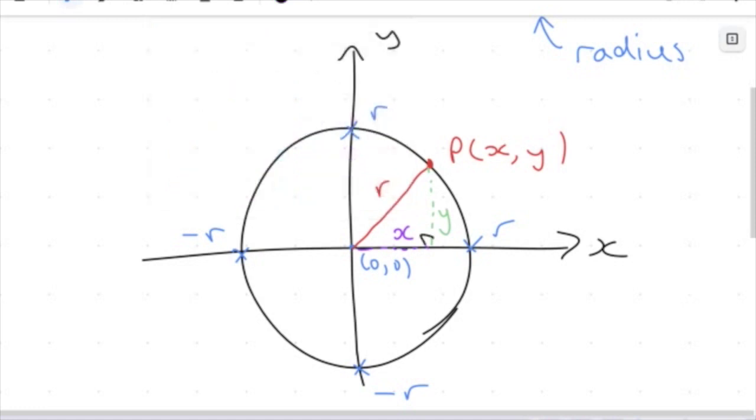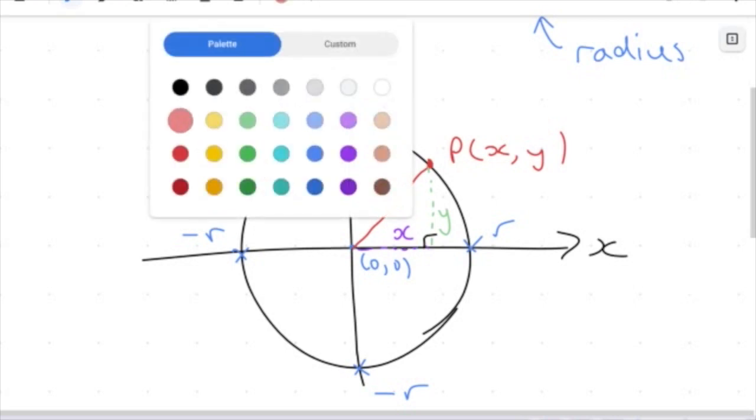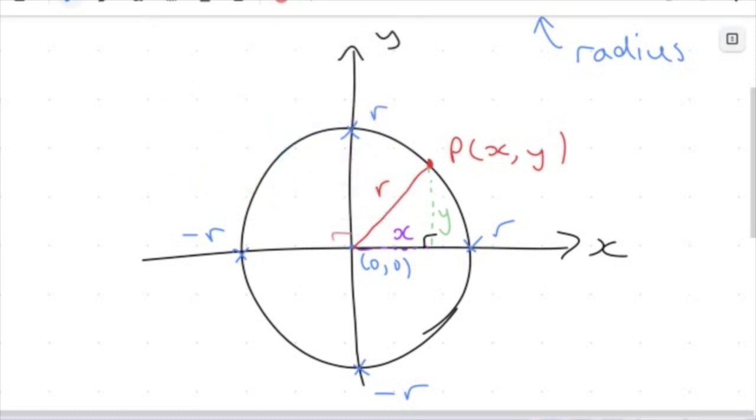So I'm going to draw this little symbol in here to show that this is a right angle. Now it's important to note that the X and Y axis always run perpendicular. So this is a right angle here. And no matter where I draw these, they're always going to meet at right angles. So I have something pretty cool here.